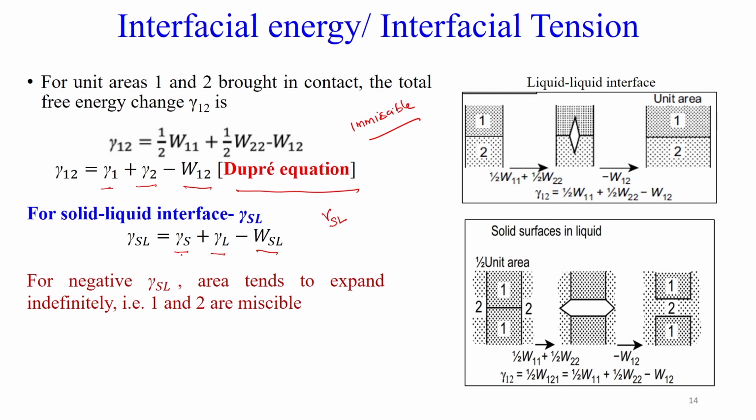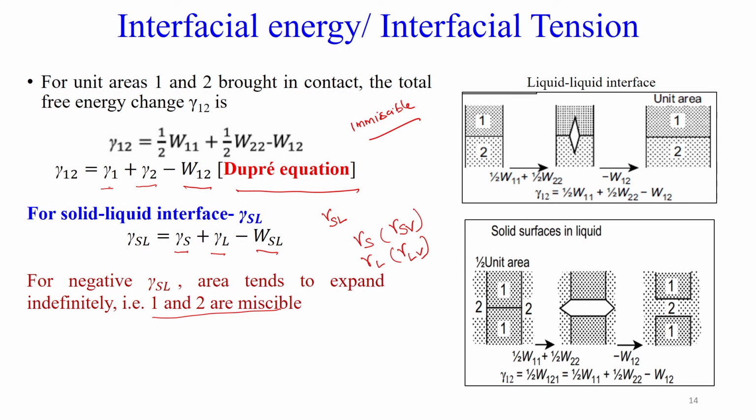Here gamma solid refers to gamma solid-vapor, gamma liquid refers to gamma liquid-vapor, and if we get a negative value of gamma, it means the interfacial area tends to expand infinitely, or you can say 1 and 2 are miscible.